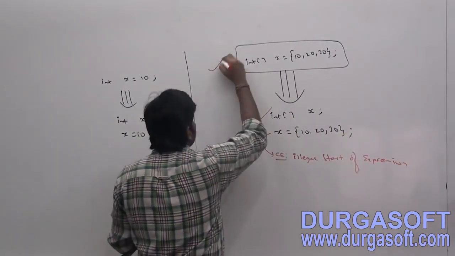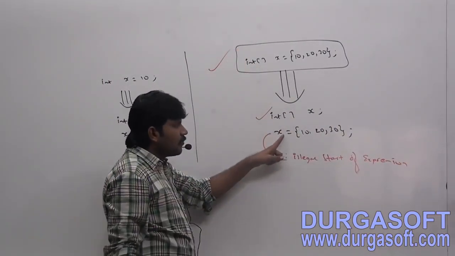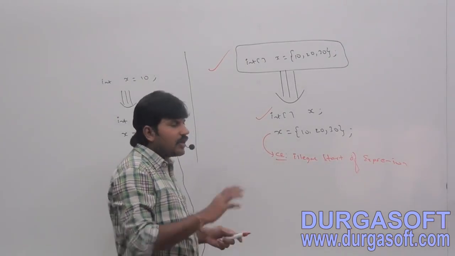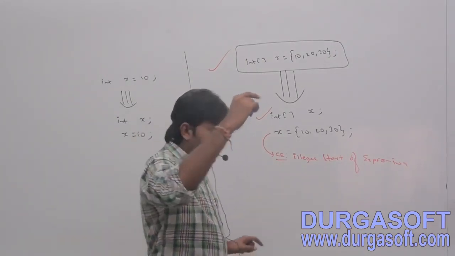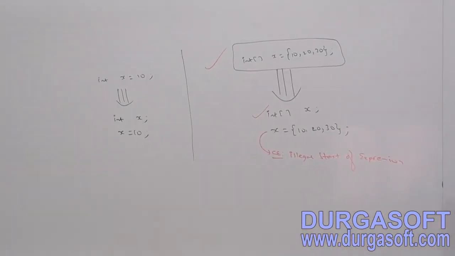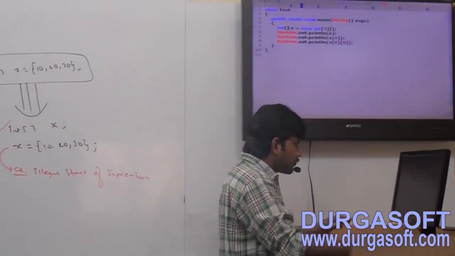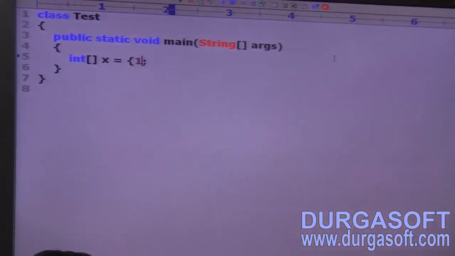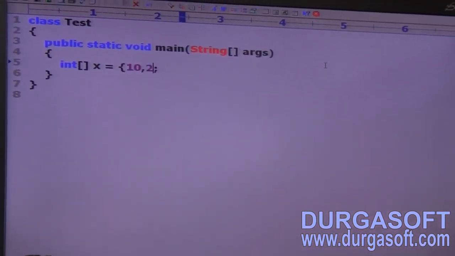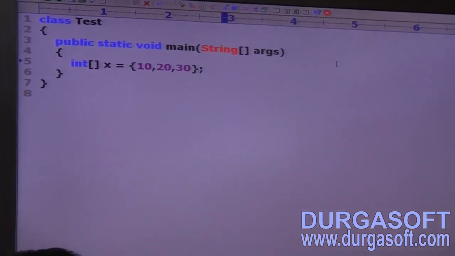This one is valid, this one is valid, but this one is not. If you divide into multiple lines, we get a compile time error. Have a look once. Int array x is equal to 10, 20, 30, like this I am taking.